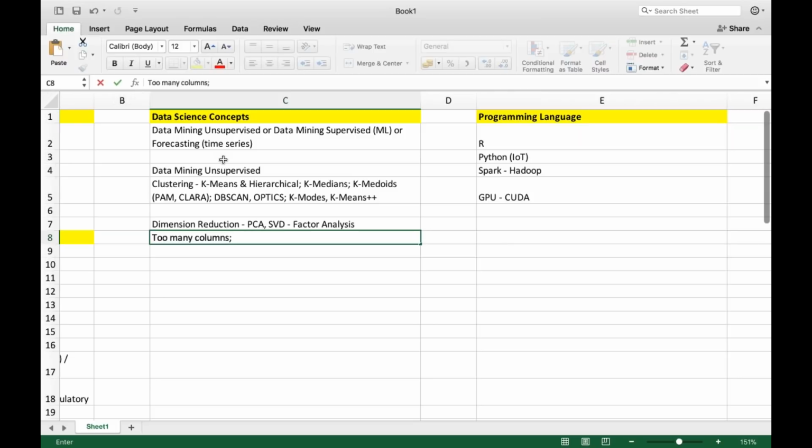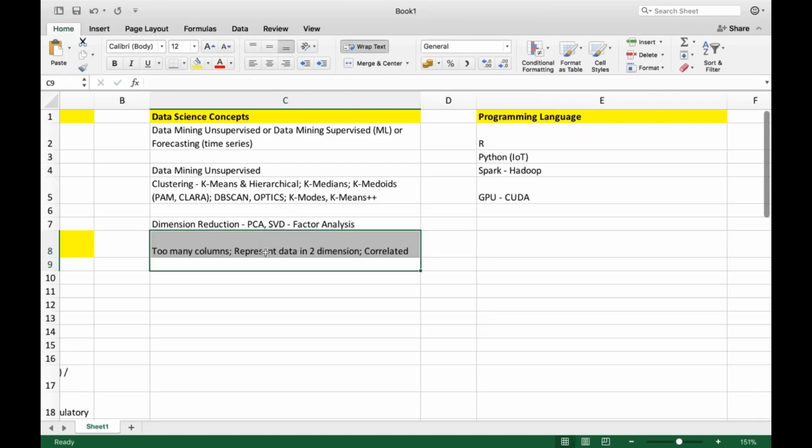Or you might want to use PCA or SVD or some kind of factor analysis to represent data in 2-dimension space, or when you feel that the columns are correlated. If there is correlation, you might end up getting into collinearity or multi-collinearity if multiple variables are correlated. In those scenarios also, PCA will come in extremely handy.